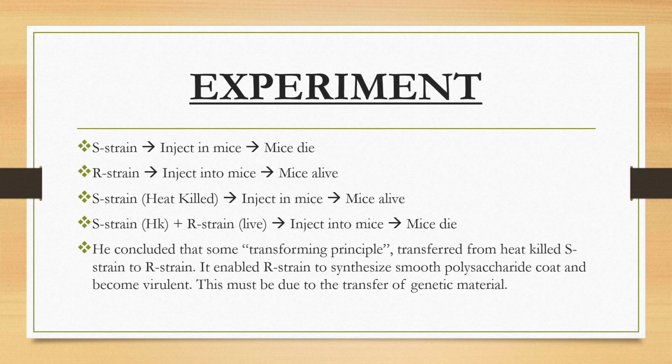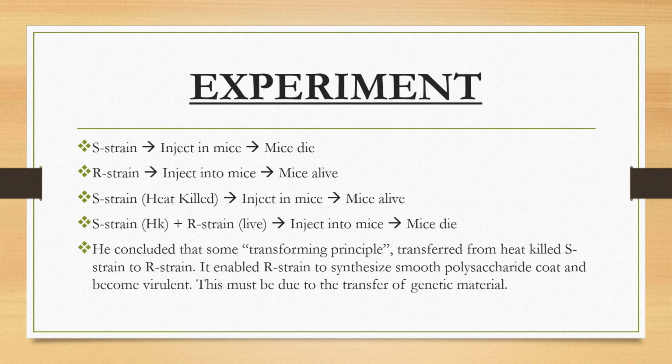So at the end he concluded that some transforming principle is there, according to which the heat-killed S strain transformed the R strain. There was something in the S strain bacterium which transformed the R one.